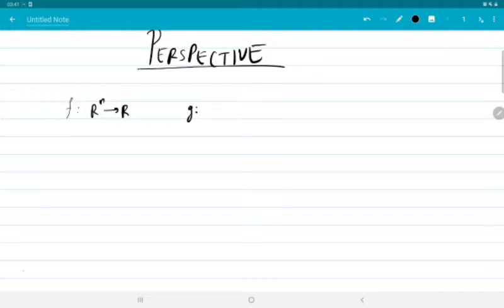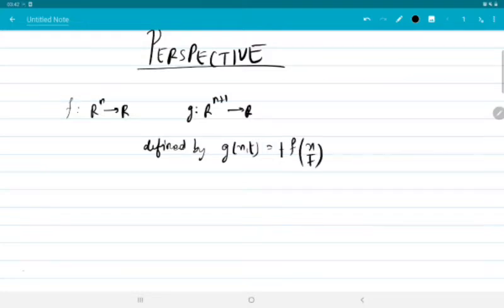If there is a function f from Rn to R, then the perspective is a function from Rn plus 1 to R defined by, so this is the extra variable t, g(x, t) = t times f of x over t.